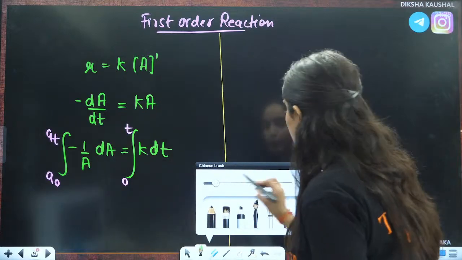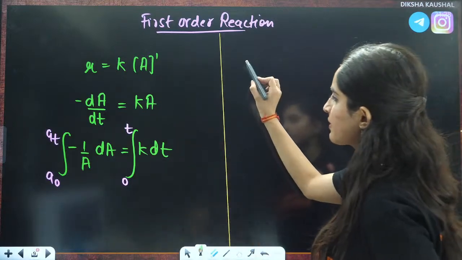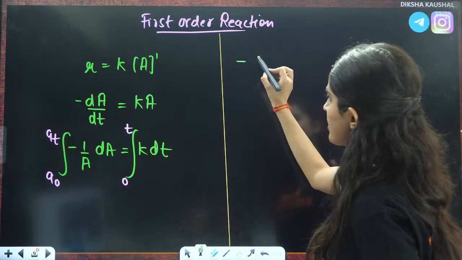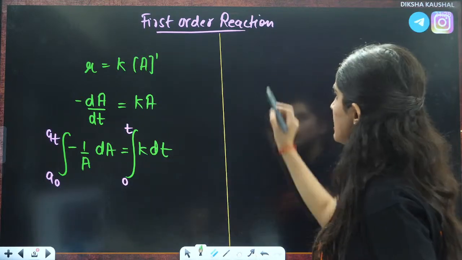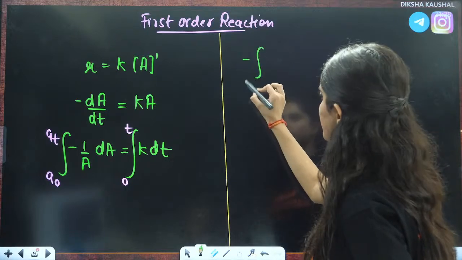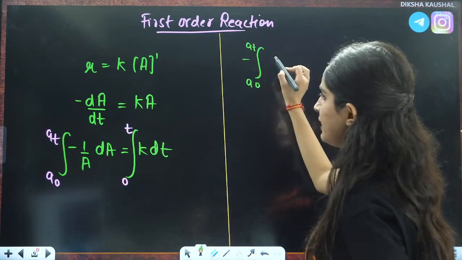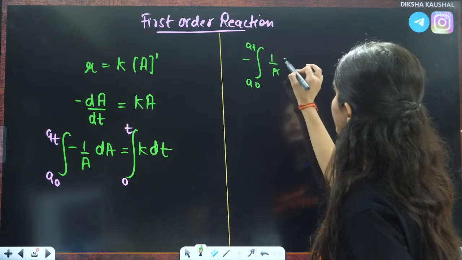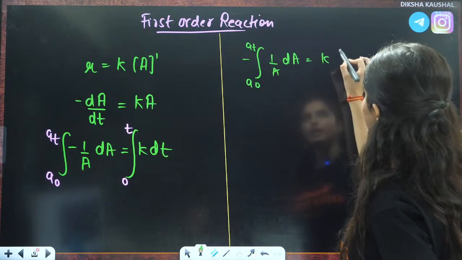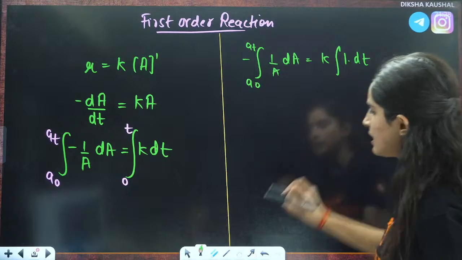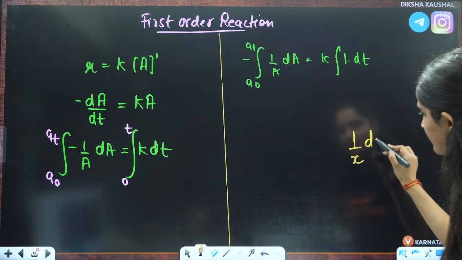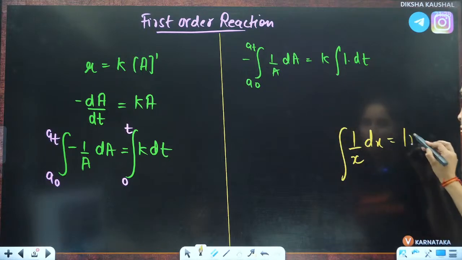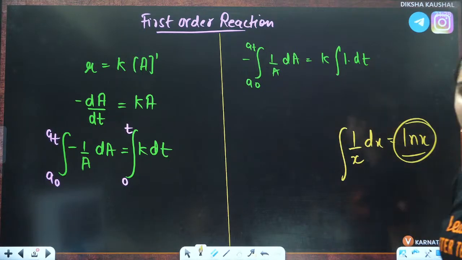So it becomes minus integration from A naught to At of 1 by A dA equals K integration of 1 dt. Now integration of 1 by x dx is natural log of x.